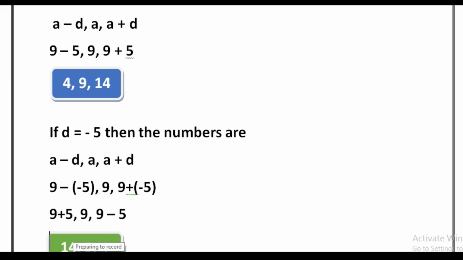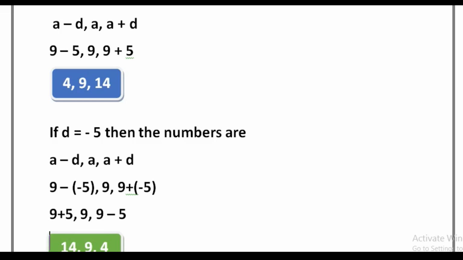Putting the value of a equal to 9 and d equal to minus 5, the first number is 9 minus (minus 5), so 9 plus 5 is equal to 14.